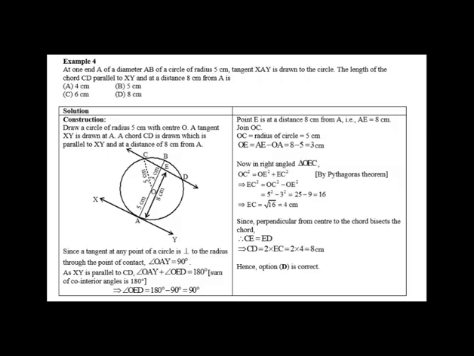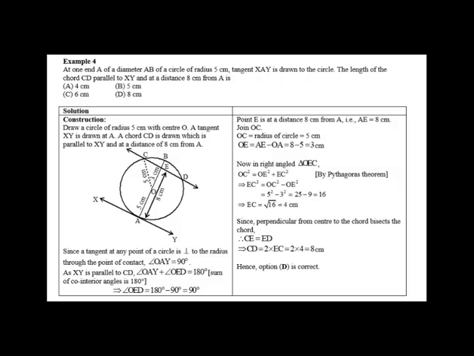Point E is at a distance of 8 cm from A, that is AE is equal to 8 cm. Join OC. OC is equal to radius of the circle which is equal to 5 cm. OE is equal to AE minus OA which is equal to 8 minus 5 which is equal to 3 cm. Therefore, OE is equal to 3 cm.